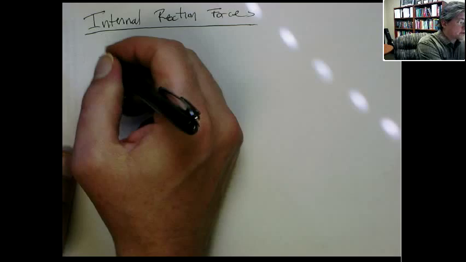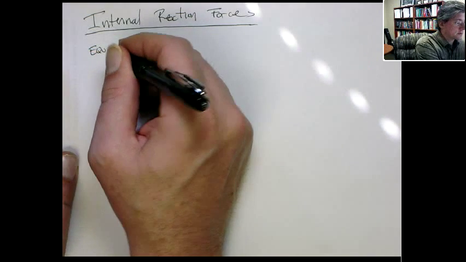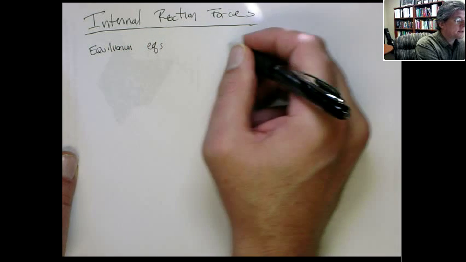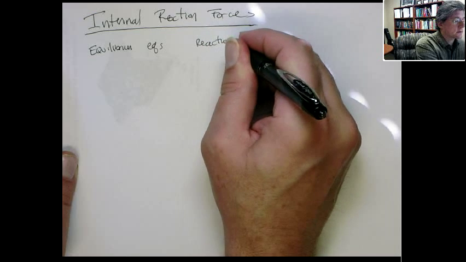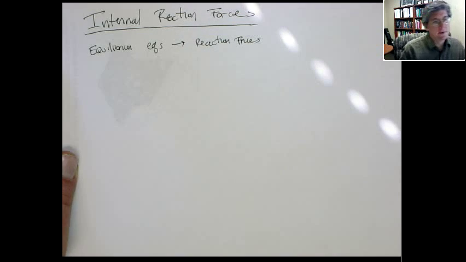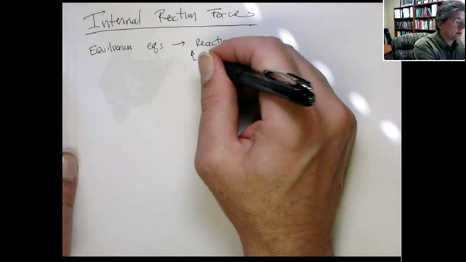In the last one, we looked at using equilibrium equations to solve for reaction forces. And in those situations, what we did was looking at what we're going to call external reaction forces.